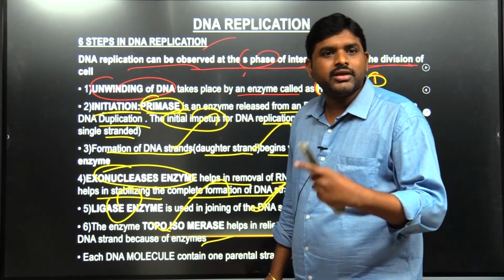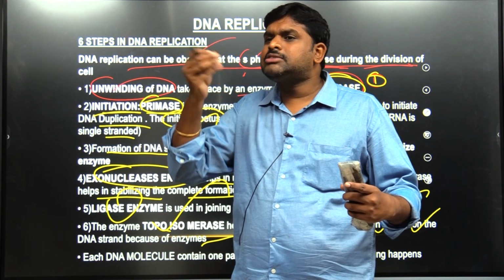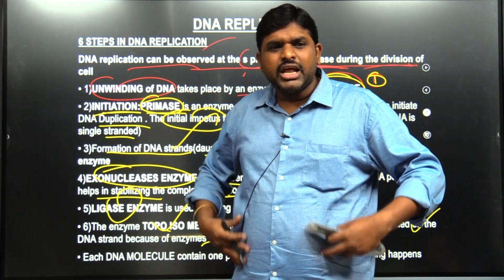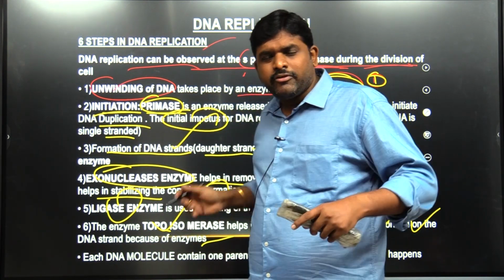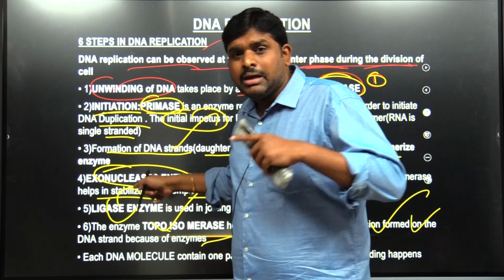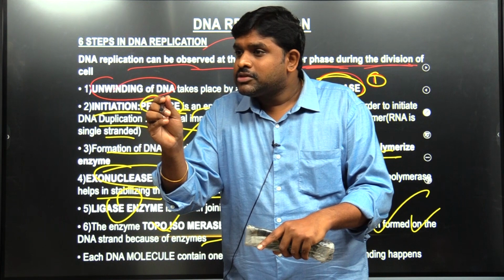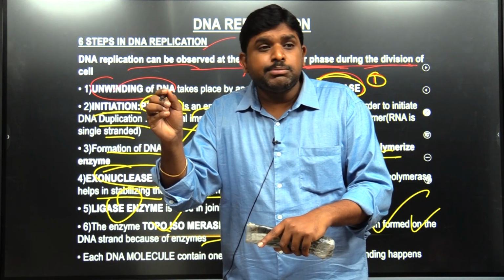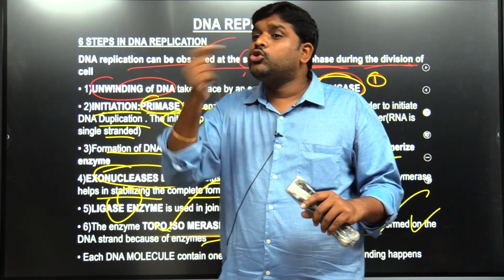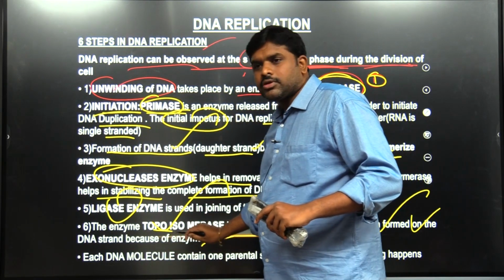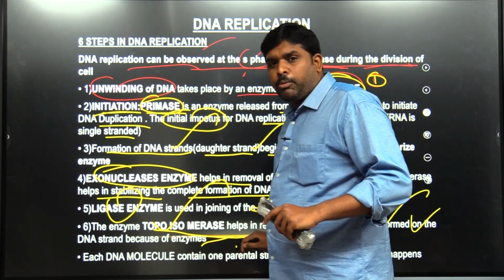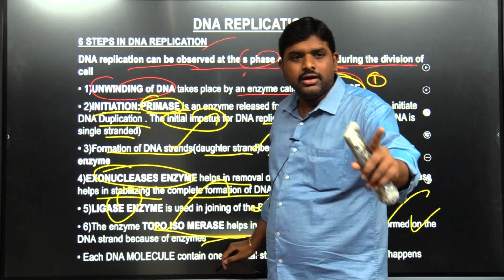Just like when we take too many tablets, there will be tension and stress on us, in the same way, when too many enzymes are acting on the parent DNA strand and daughter DNA strand, there will be pressure on the strand. So there is a chance of collapse of the DNA strand. So a neutral thing will come, which is called topoisomerase. This topoisomerase enzyme will neutralize the DNA strands.